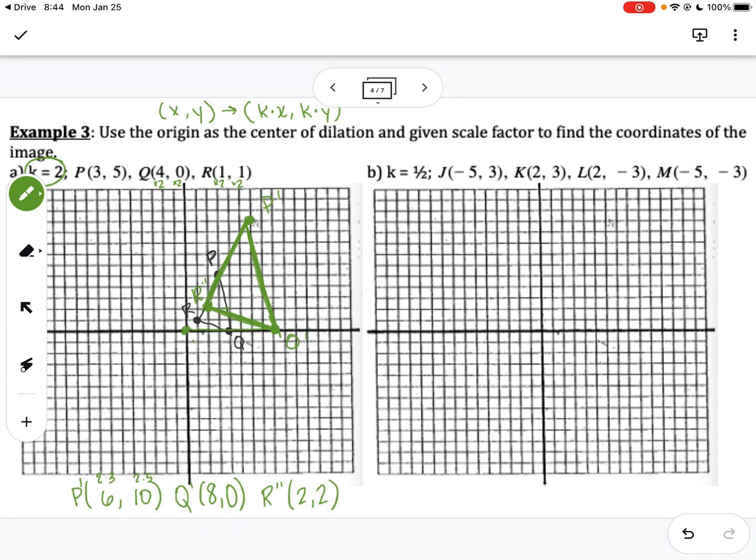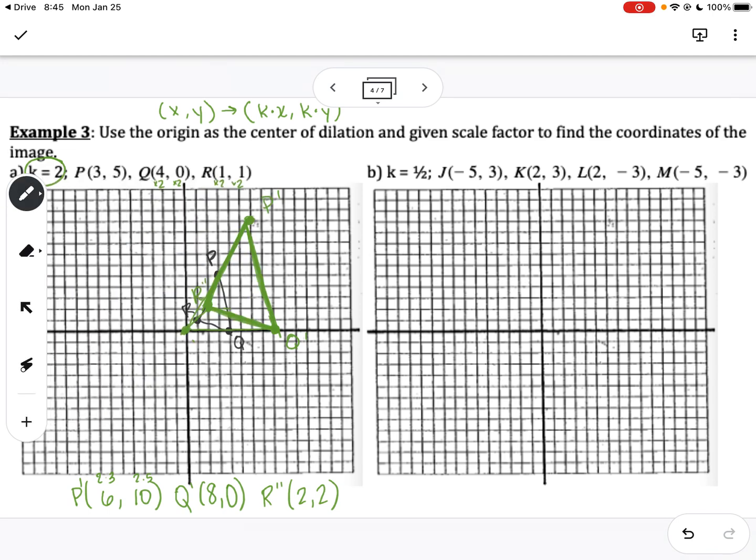And so it goes out from this center of dilation to where those new points are. So it creates kind of a figure like those that we were looking at in the beginning. So I've dilated it. The result is a larger image because my scale factor was greater than 1. And you can see that it shifted it a little bit in the coordinate plane as well.